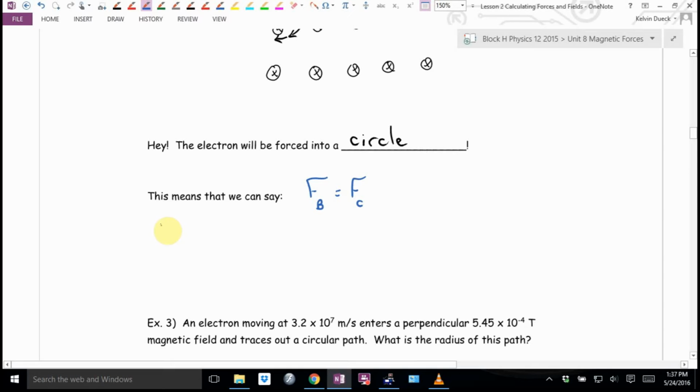The magnetic force is equal to QVB. Circular force was equal to, well, Alex, don't write this next bit down. You said F equals ma, so circular force is F equals m a_c. But what's our equation for circular acceleration, centripetal acceleration from our formula sheet? Or you might even remember it.